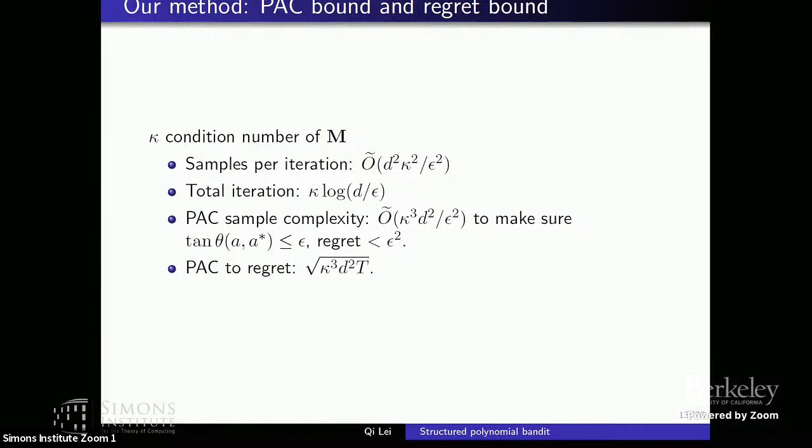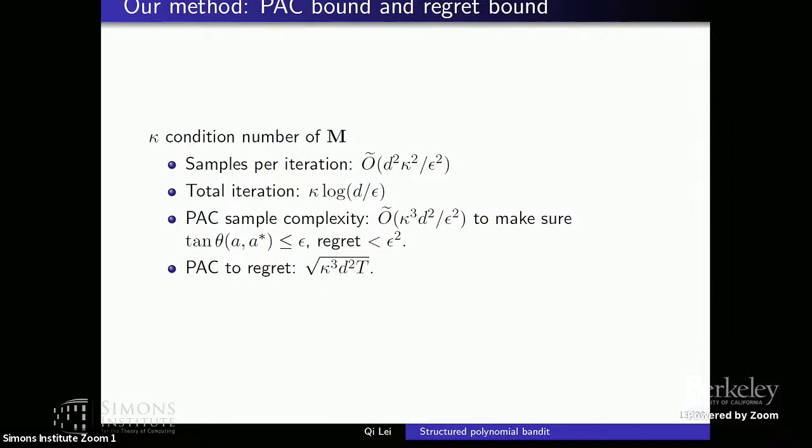So the total sample complexity to achieve epsilon error is just the multiplication of these two, which is kappa cubed d squared over epsilon squared times some log factor I just omit here. This will make sure that the current action is epsilon optimal to the target direction, which will ensure that the regret is less than or equal to epsilon squared.